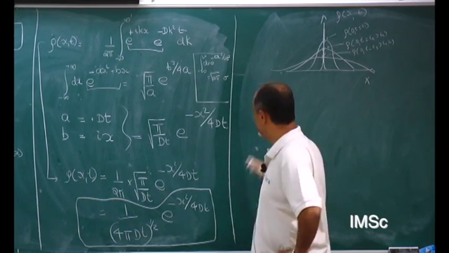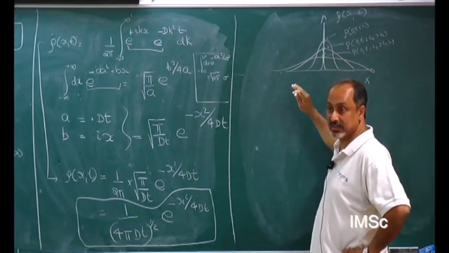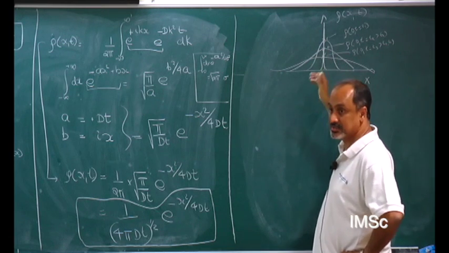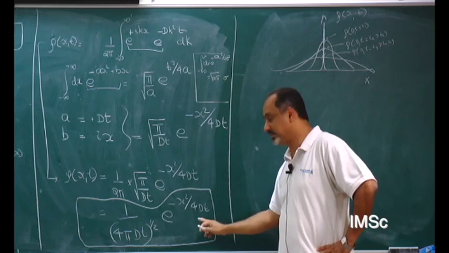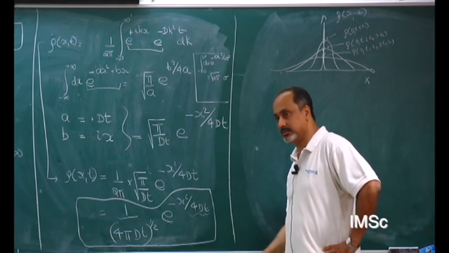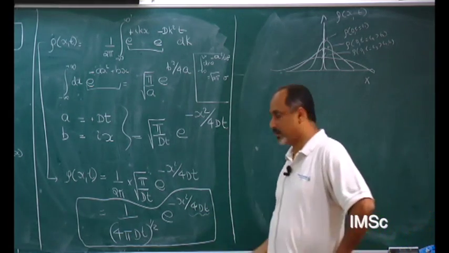It's a Gaussian, which means it's symmetric between left and right. It has to come down because of the exponential of minus x squared. And from here I also know what the width of the function is. The width is increasing with time. And why do I know that?